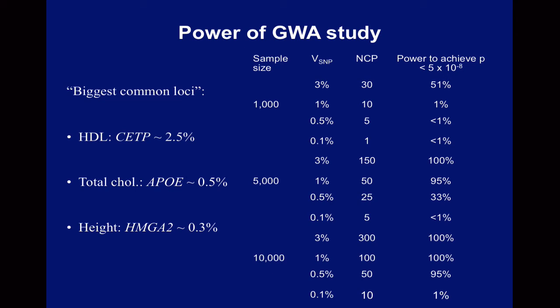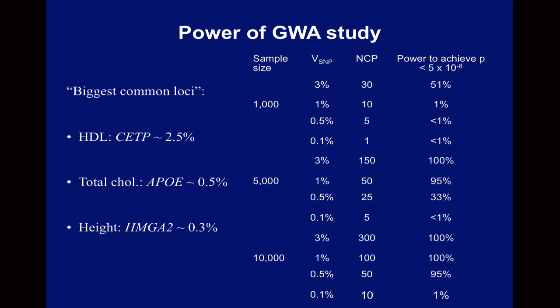When your sample size increases to 5,000 individuals, you have very good power to find really big effects, and you still can detect reliably a variant which would explain 1% of variance. But if you go down to 0.5, 0.1, your power becomes really low. You remember for height, the biggest locus explains 0.3% of variance, so if you study height in a sample of 5,000 individuals, you're not likely to see even this biggest locus.